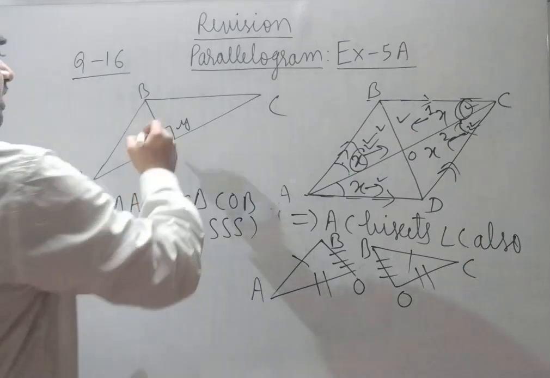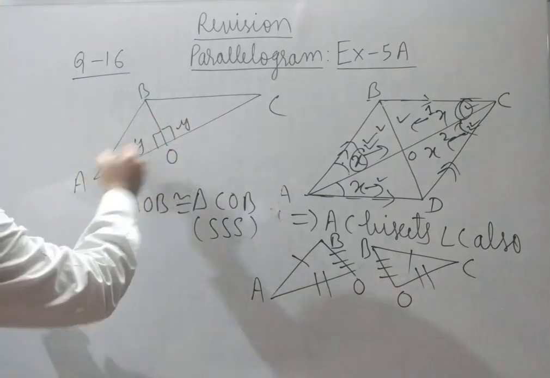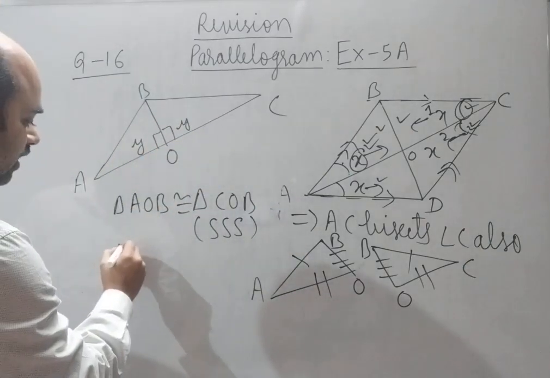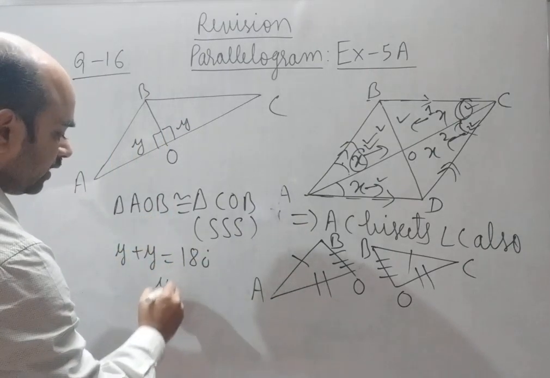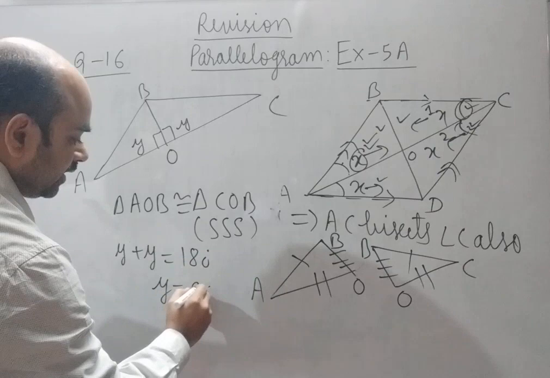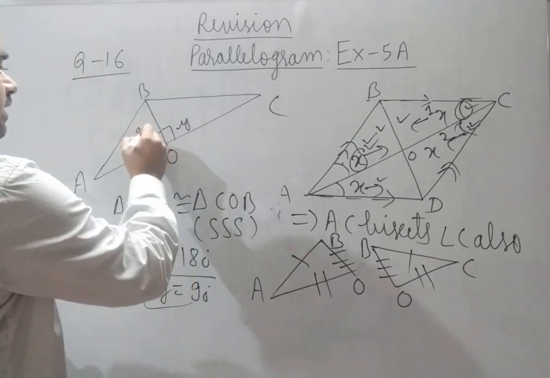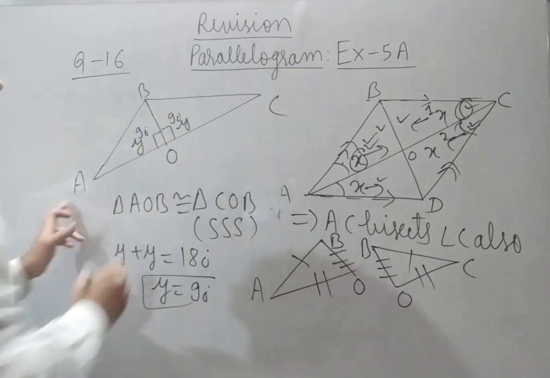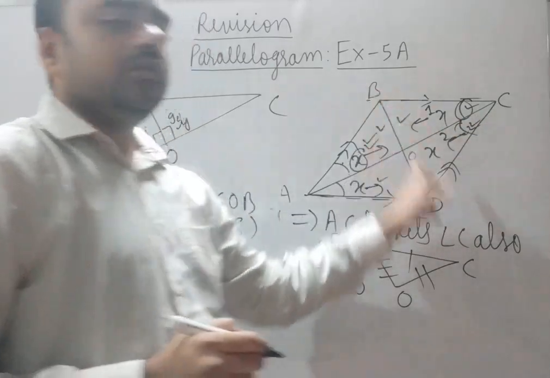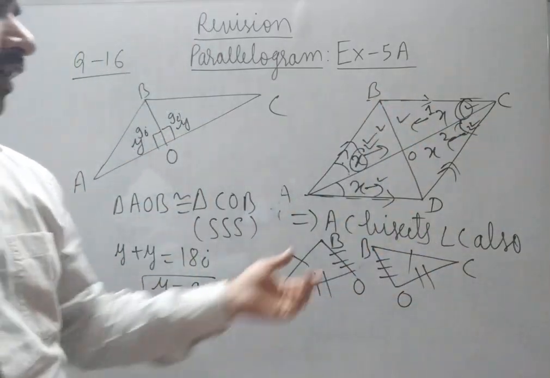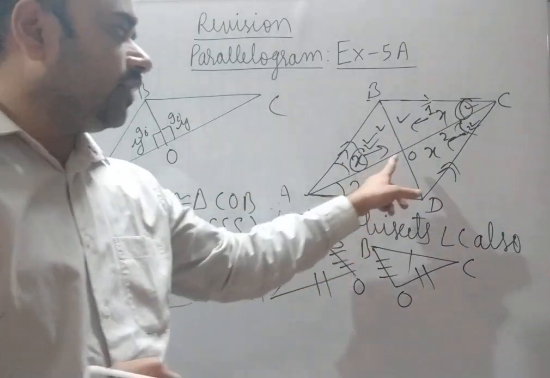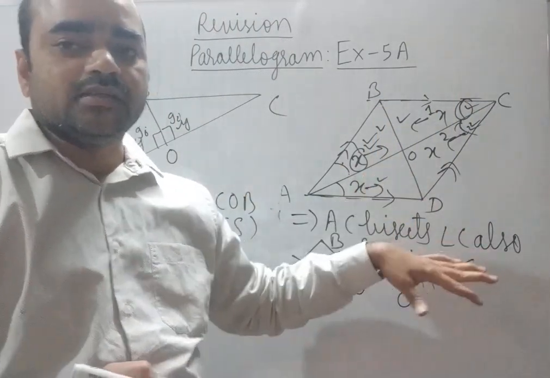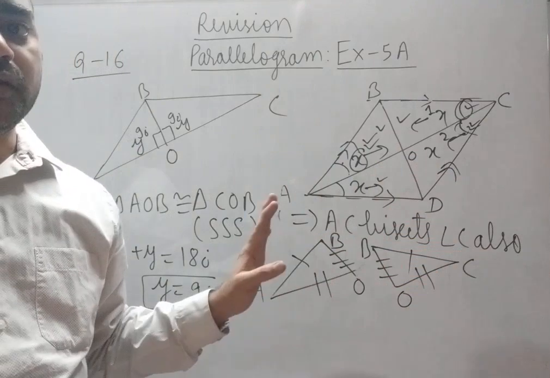Therefore, by CPCT, these two angles will be equal, and AOC is a straight line. It means Y plus Y is equal to 180 degree. Finally, Y will be 90 degree. When Y is 90 degree, it means AC is perpendicular to BD. Correct? AC is perpendicular to BD means we have to prove that at the point of intersection the angle of intersection is 90 degree. Correct?